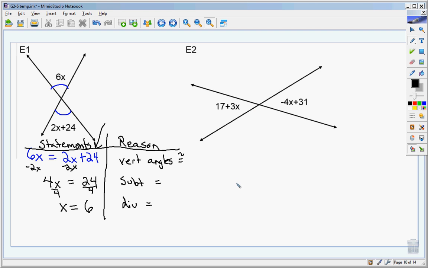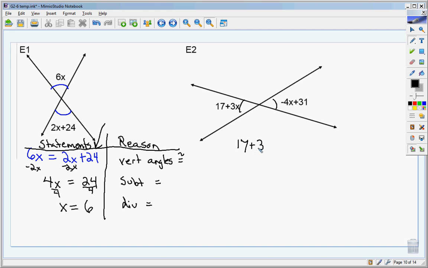In example 2, what type of angles are in the picture? They're vertical, so what do I know about them? They're congruent, or they're equal in measurement.